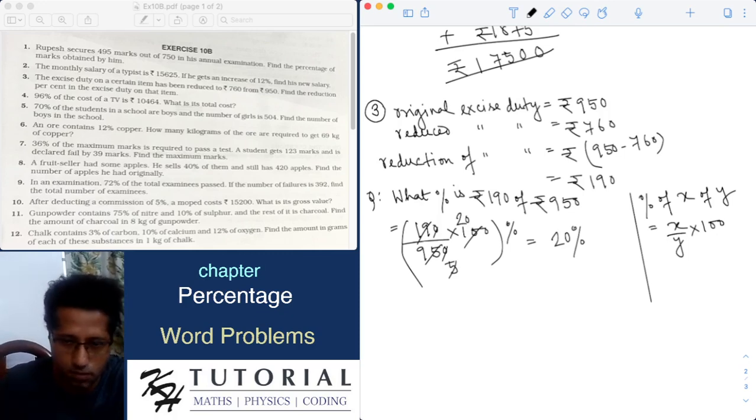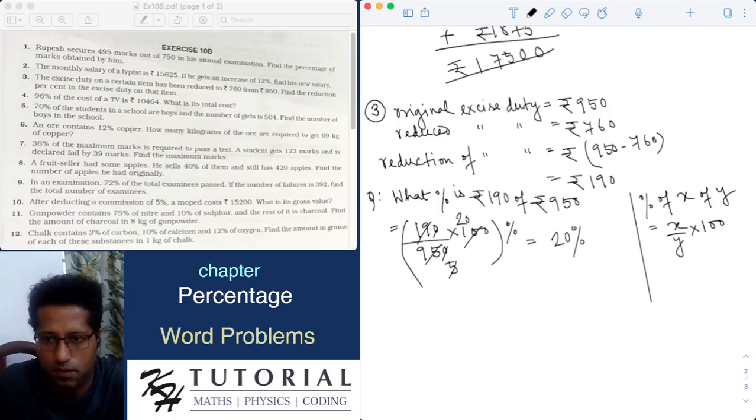This turns out to be 20%, as per the formula I wrote on the right hand side.